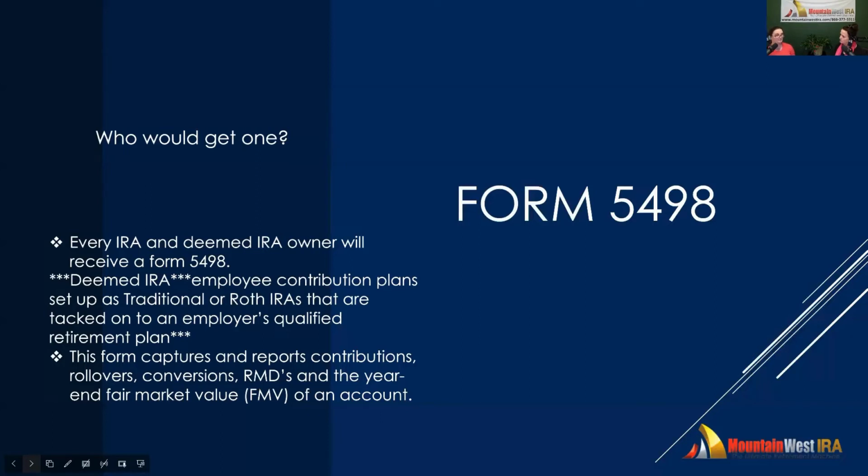If we cannot get in touch with you, we can't get the valuation, we're going to end up resigning on that asset, which is an in-kind distribution of the asset to you personally. And whatever value we last had that asset at is going to be reported on the 1099 for that calendar year. So then that's added to your taxable income for the year. Okay. So very important to get those in so that doesn't happen.